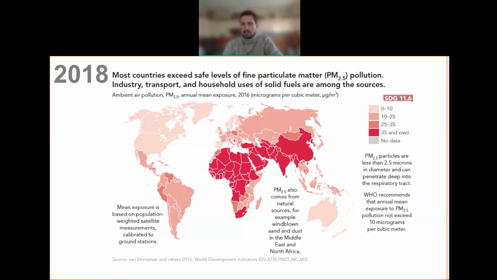And you have additional information about the minimum safe level of particulate matter contamination that can be supported. So you already have a big global picture here with some contextual information about the issues related to particulate matter pollution.